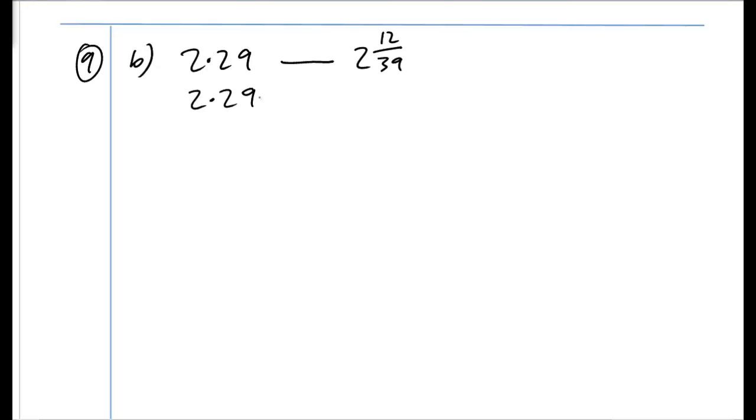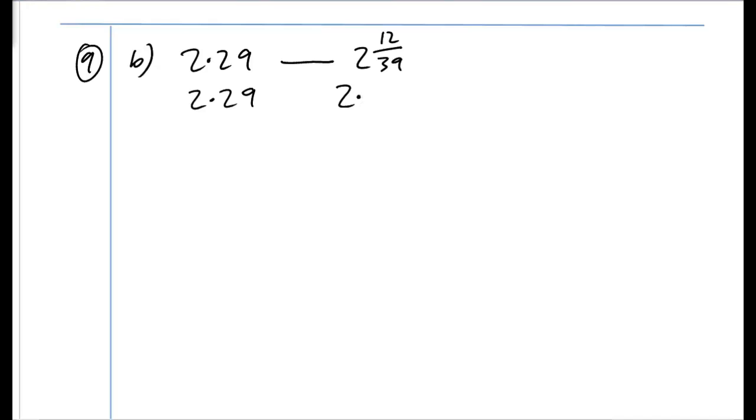Now, number 9. Let's have a look at number 9. All you have to do with these, I'll pick B. You've got 2.29 and the number 2 and 12 over 39. And you've got to work out which one's bigger. And the way you do that is you rewrite the numbers as decimals. Okay? So we've 2.29 and 2 and 12 over 39, convert that to a decimal.